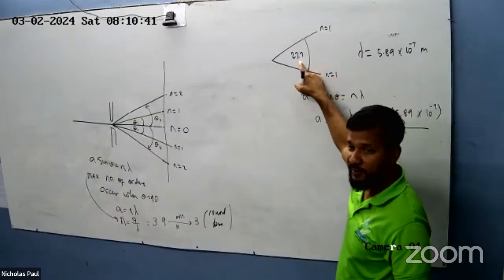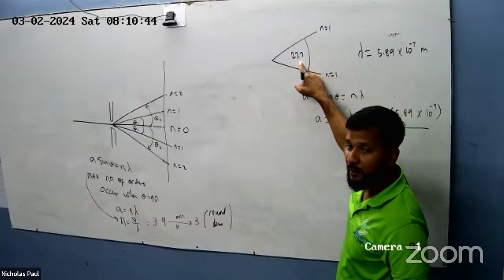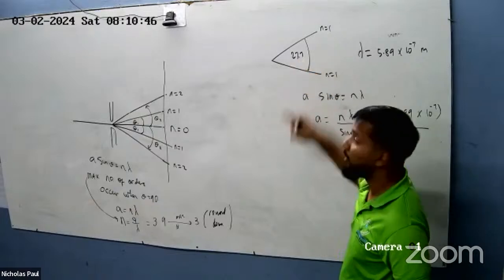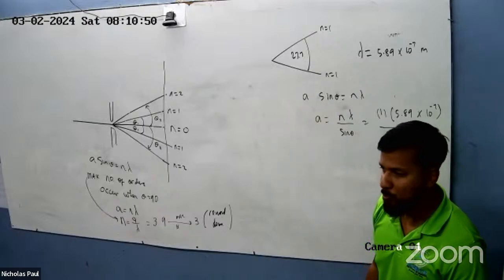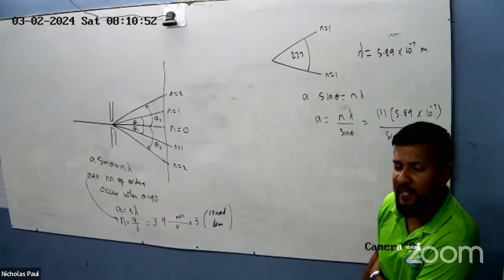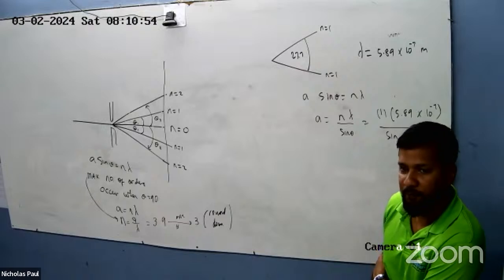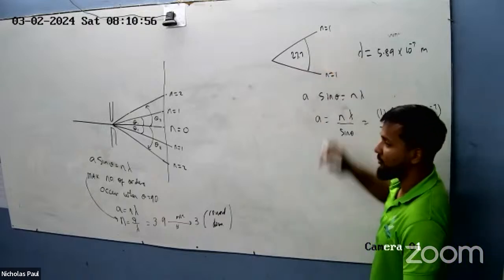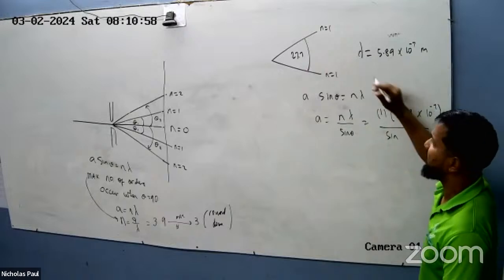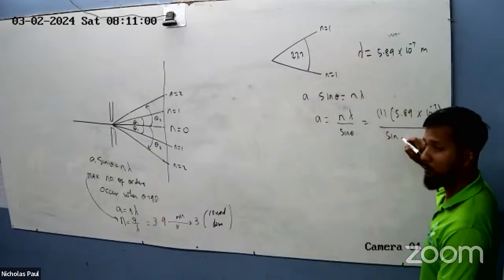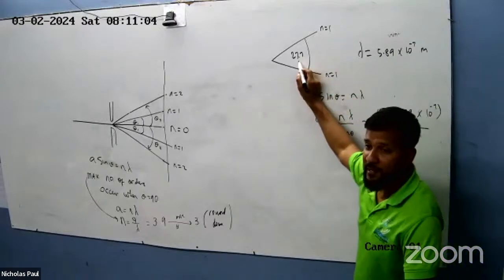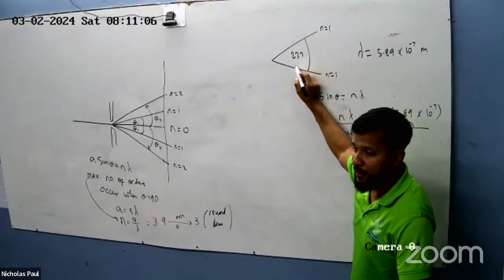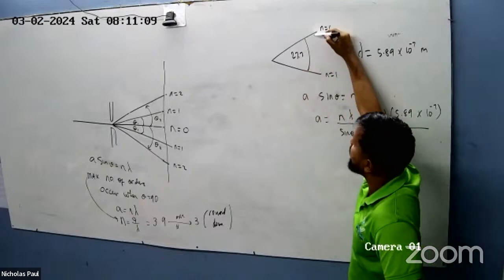Theta is not this. It's not the first order, it's between the first two orders. And theta is not 27.7, because 27.7 is the angle between two orders.